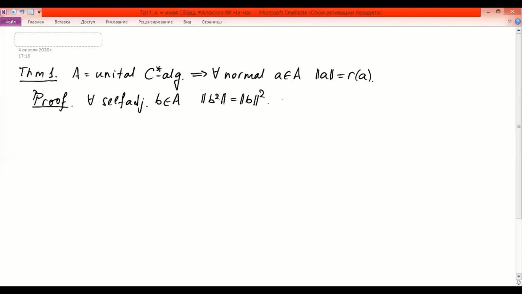If we now take an arbitrary element A in our algebra, we apply this observation to A star A. So we see that the norm of A star A squared equals the square of the norm of A star A. Now, by the C-star axiom, this is the norm of A to the power 4.